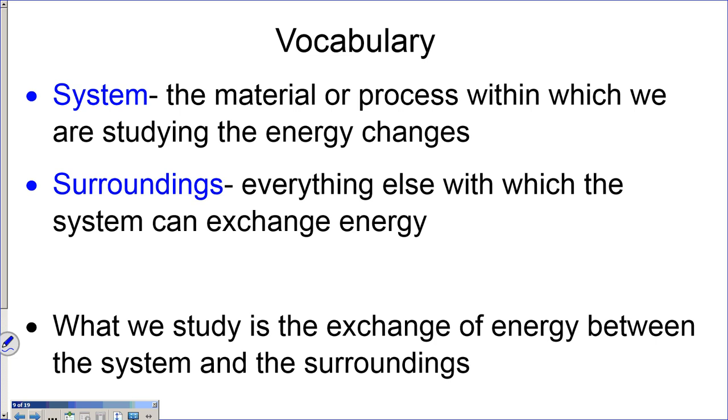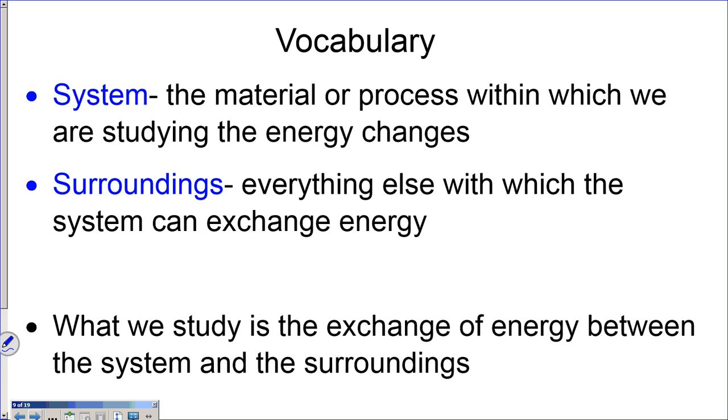So say that we are doing a lab and we have a beaker on a hot plate and we are heating up a substance. That actual beaker where we are heating up the substance is our system. The surroundings is going to be everything else with which the system can exchange energy. So the hot plate is going to be part of the surroundings.